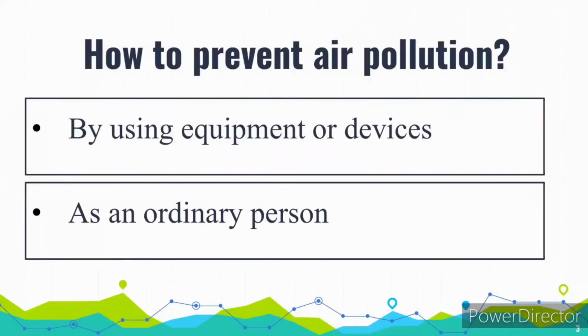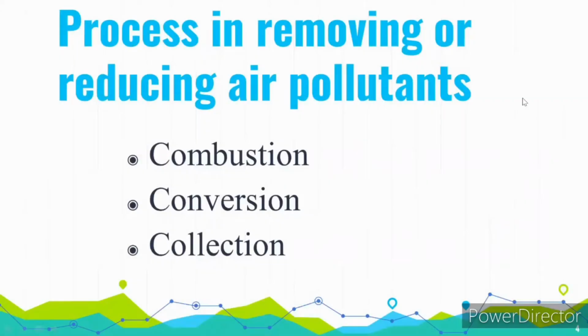So how to prevent air pollution? First, by using equipment or devices, or as an ordinary person, or through the help of other people. But first, we go to the process of how to remove or reduce air pollutants. First is combustion.